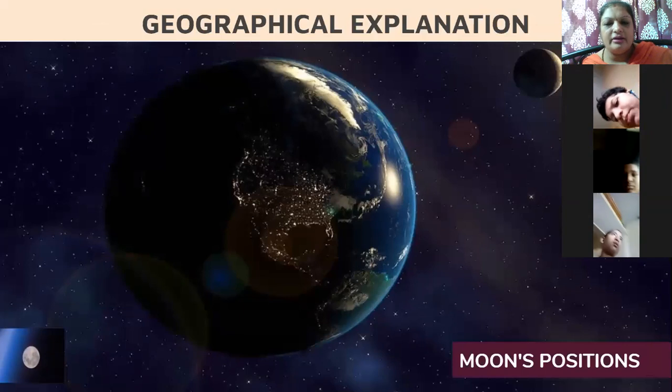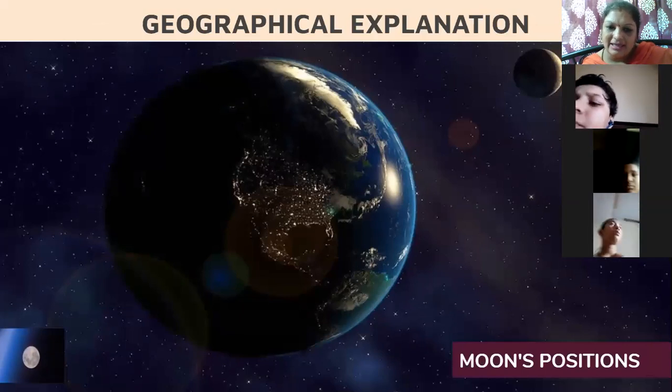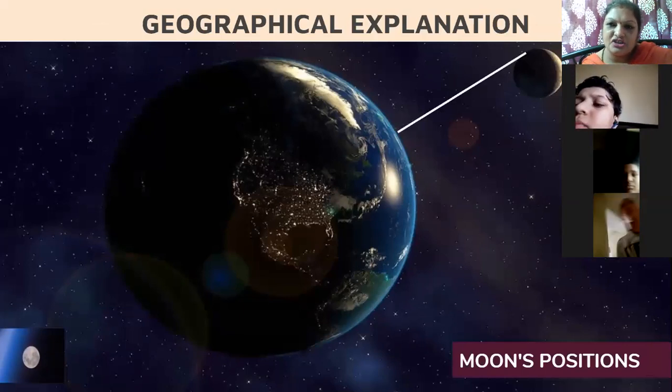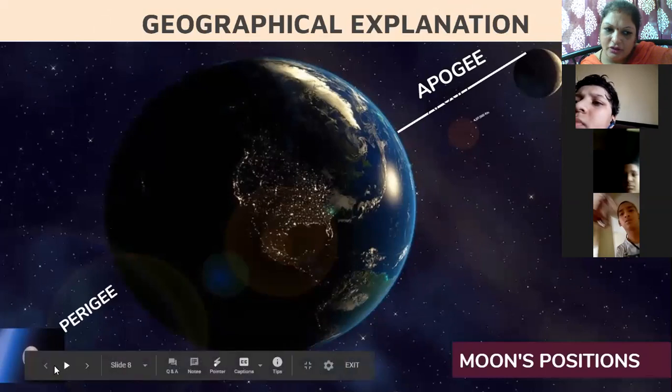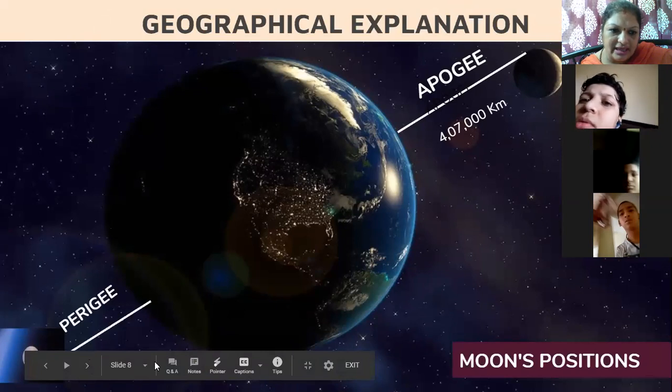This picture will tell you exactly what is the elliptical shape of the moon's orbit. Moon, and here also it's the moon. I just want to show you, if the moon revolves around the earth in an elliptical shape, what happens?